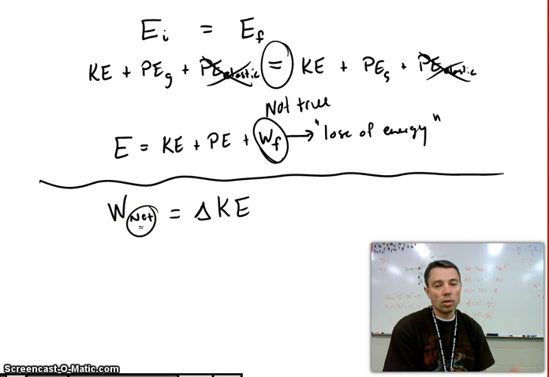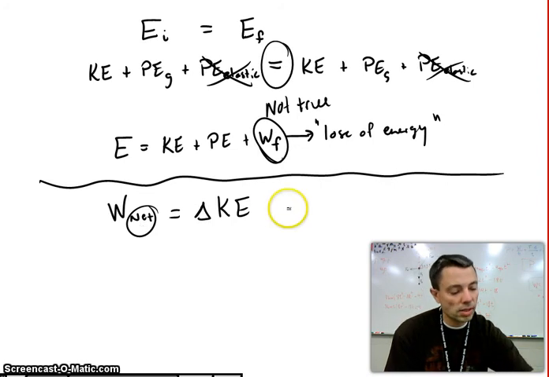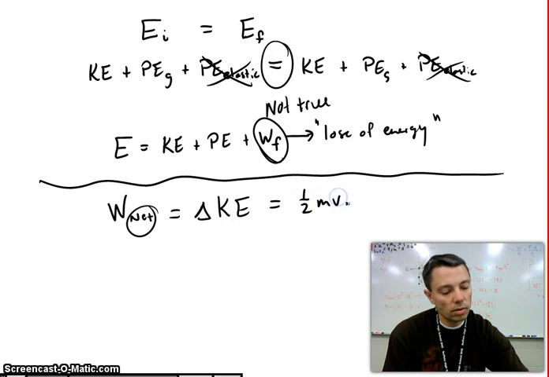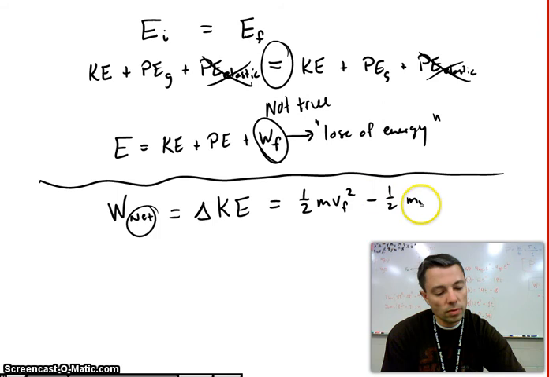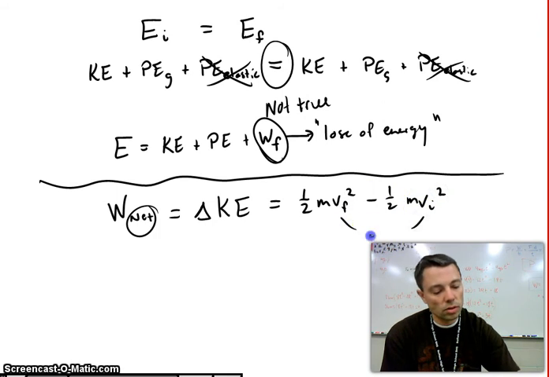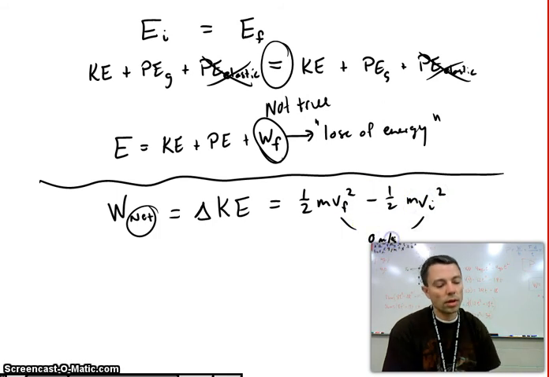It's really about looking at work from a sense of what is the force that's causing that motion to change, okay? We'd like to see when it's 1/2 mv_f squared minus 1/2 mv_i squared. We like when one of these is 0 meters per second, okay?